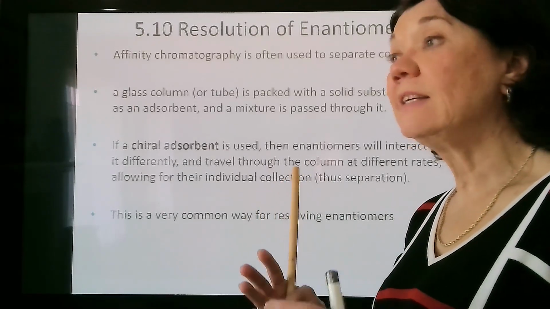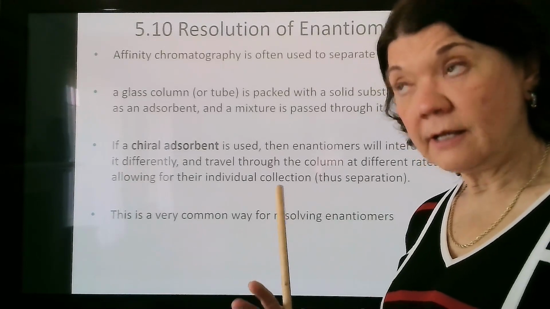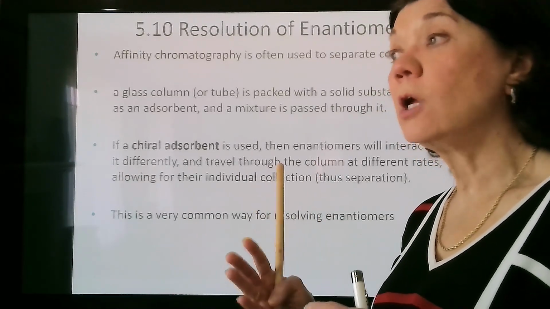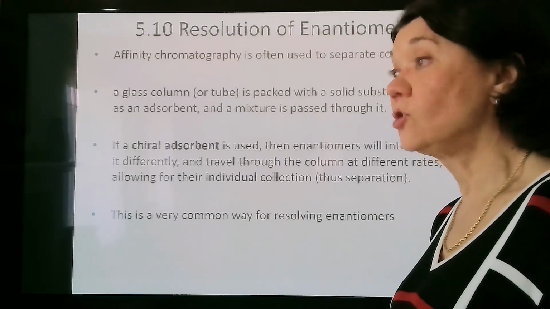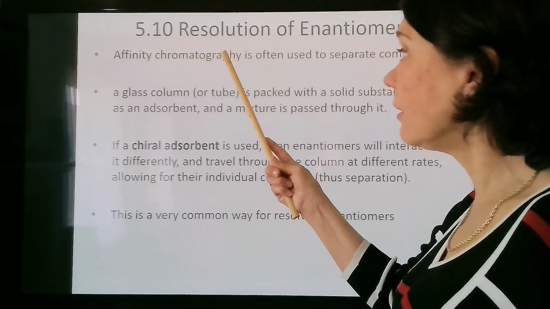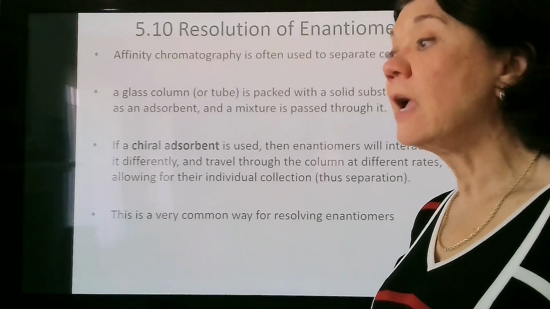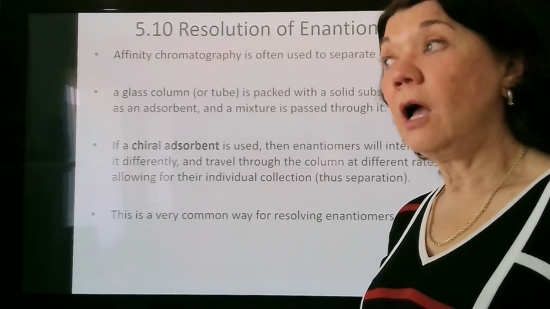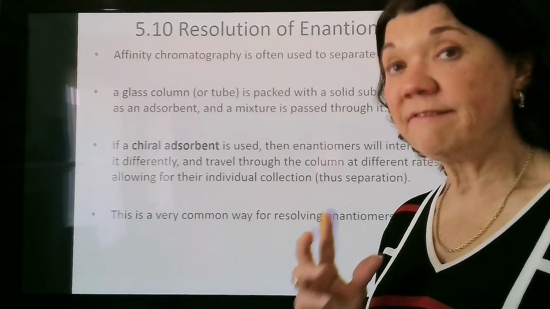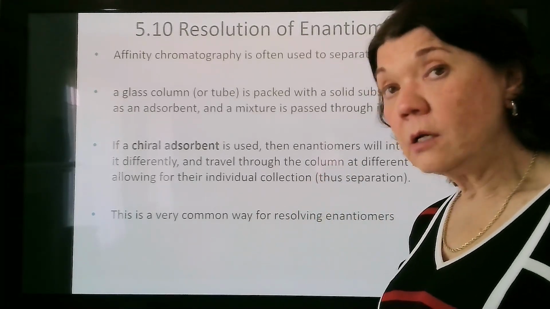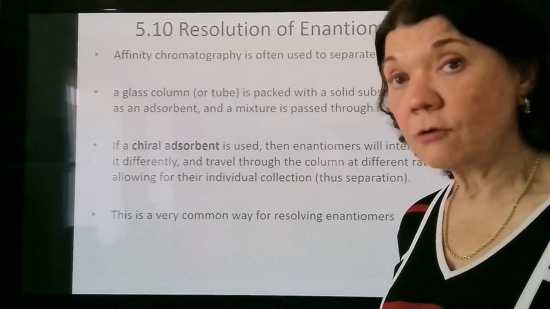So if it is optically active, if that compound that is coating the solid, the active compound on the inert solid inside the chromatography column, if it is optically active, it will have a greater affinity for one of your enantiomers than the other one.